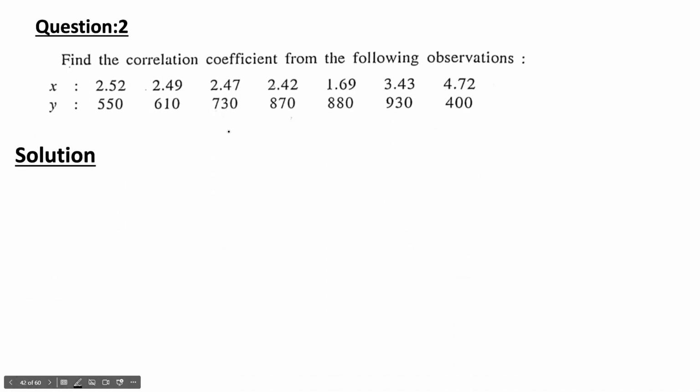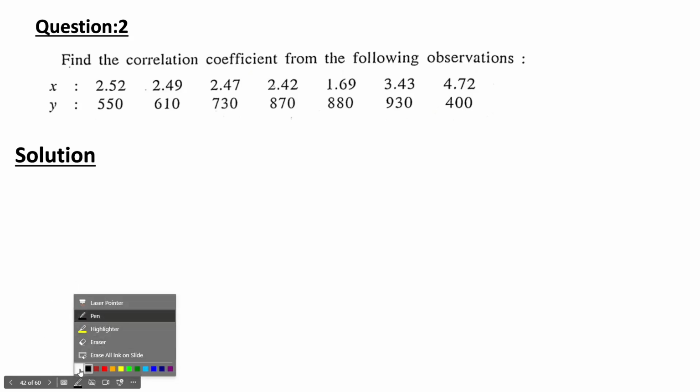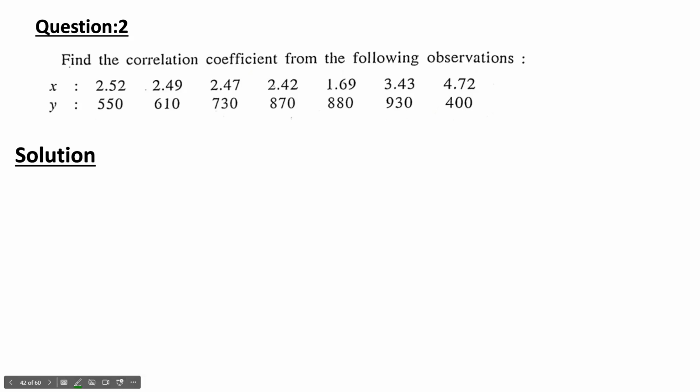First question is on your screen: find the correlation coefficient from the following observation. The observation is very basic: x and y, two variables, data is given, one is x and another is y. You have to find the correlation coefficient.